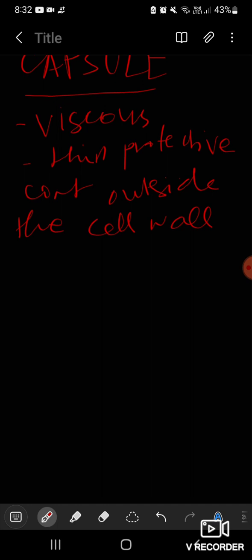So sometimes instead of capsule there is a slime layer that is present in some of these bacteria.